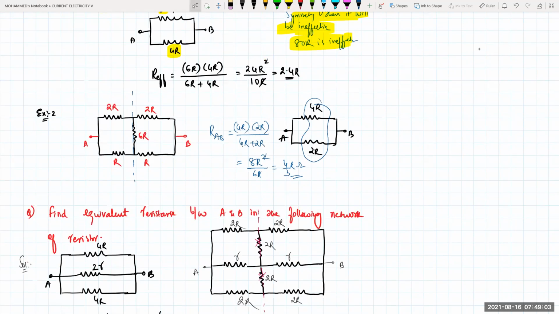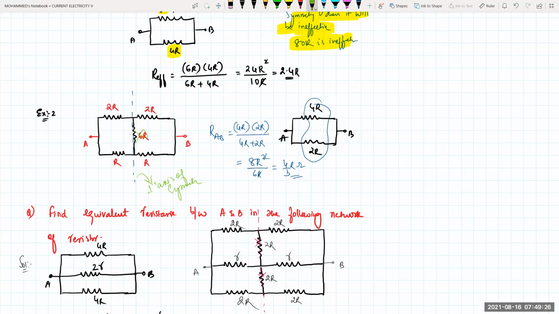2R, 2R, R and 6R. Draw a perpendicular axis of symmetry. Isn't it? So whether it is forming a mirror image or not. This is your perpendicular axis of symmetry. Whatever resistor is passing through the perpendicular axis of symmetry will become ineffective. So 6R will become ineffective, so remove it.